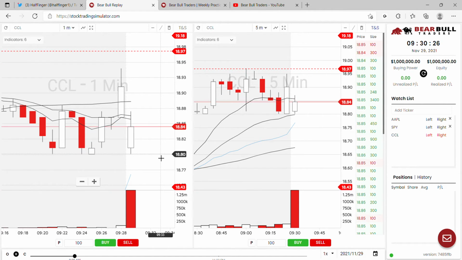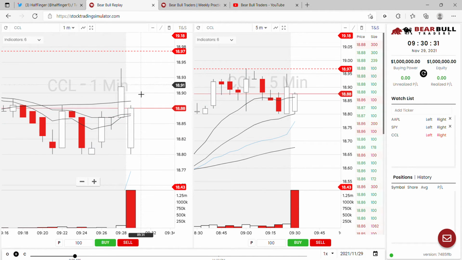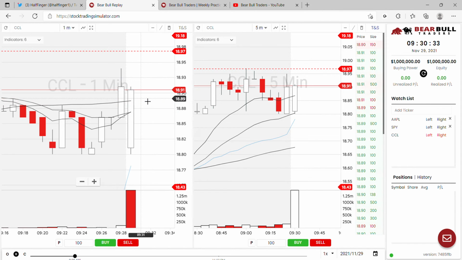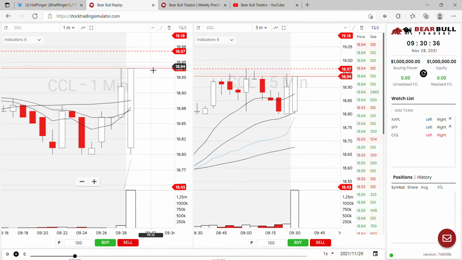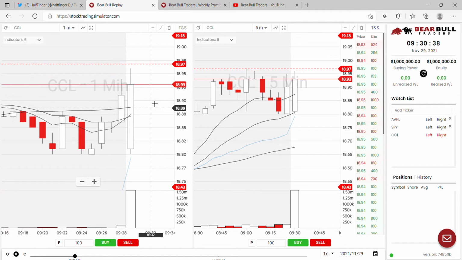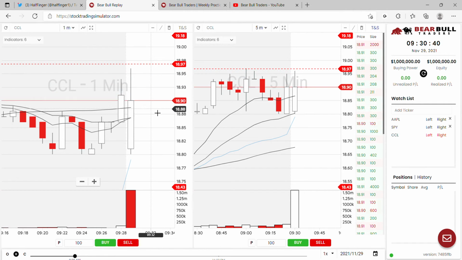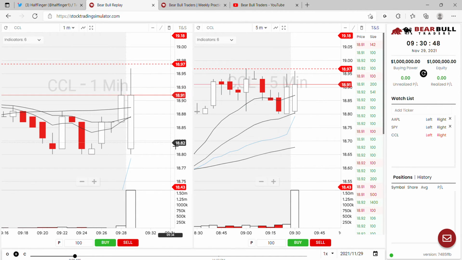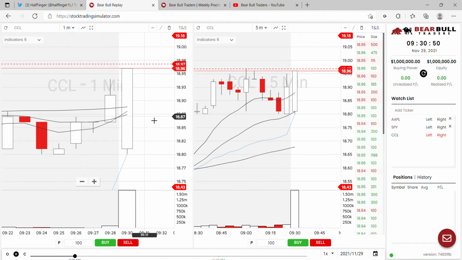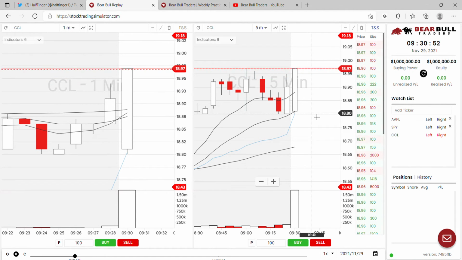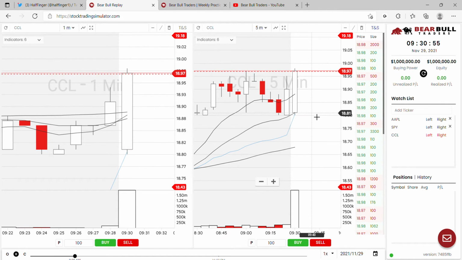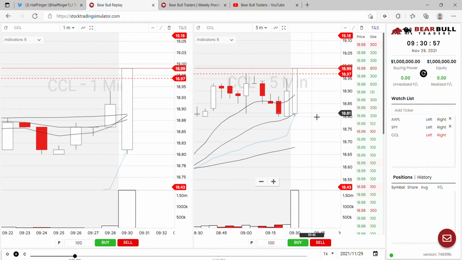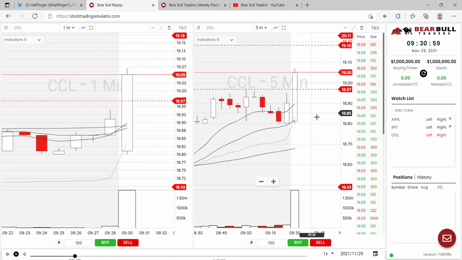As you can see, the stock is opening strong, and it's far away from the VWAP, so I don't want to take it like a 1 minute open range breakout or anything, because you have a resistance level here and it's far away from the VWAP. But it's very strong. Now we push through this level.